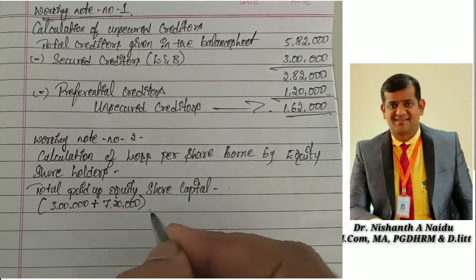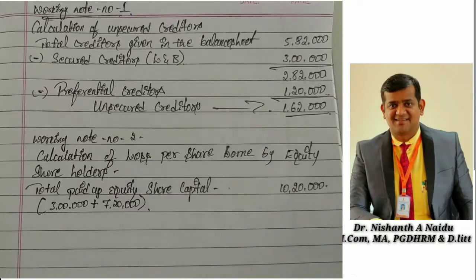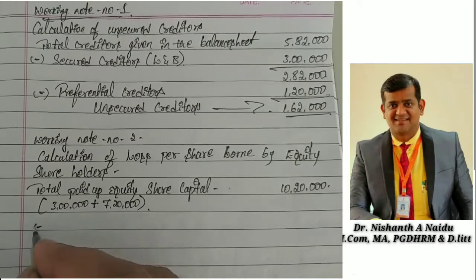Put together it is 10 lakh 20,000. Understood?